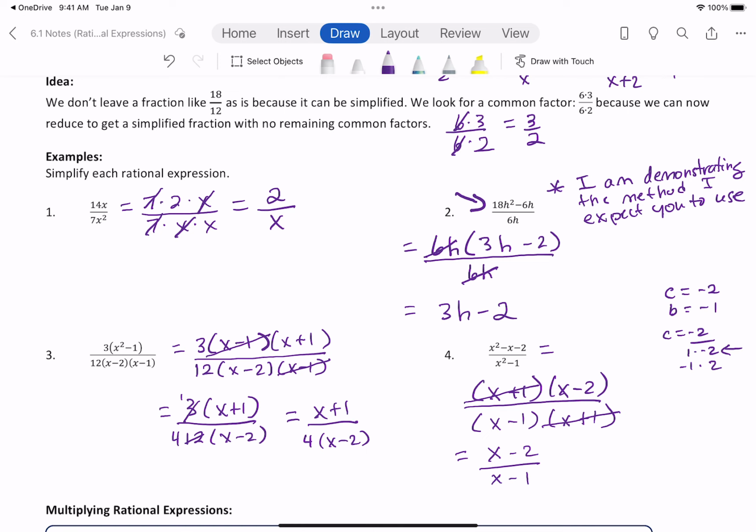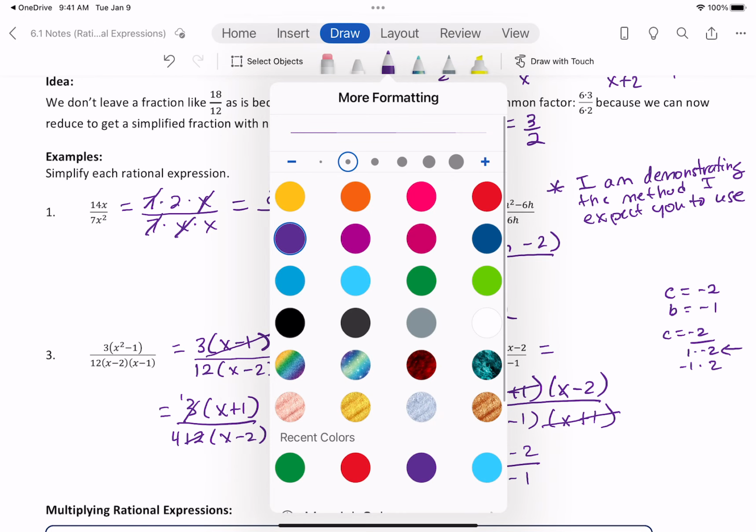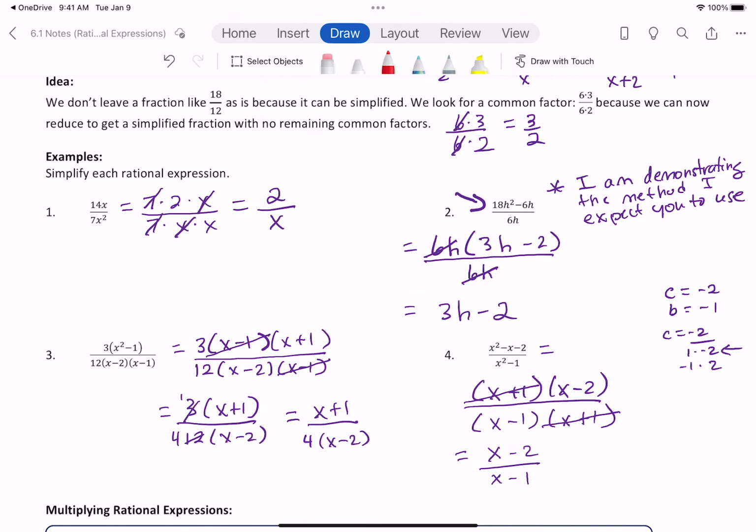We cannot reduce or cancel out those x's, and that's because the operation between the x minus 2 and the x minus 1 is not multiplication. You can look at it, this x minus 2 over x minus 1, and I'll just show you on the side here.